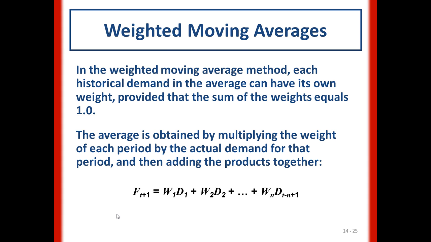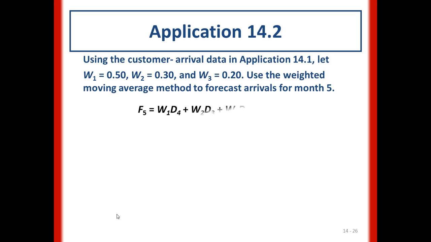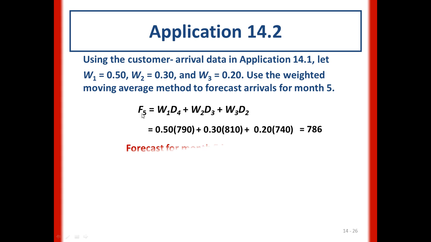Okay, by using this method, for example, the forecast is for period 5. Period 4 we will give a higher weight because period 4 is much closer to period 5.